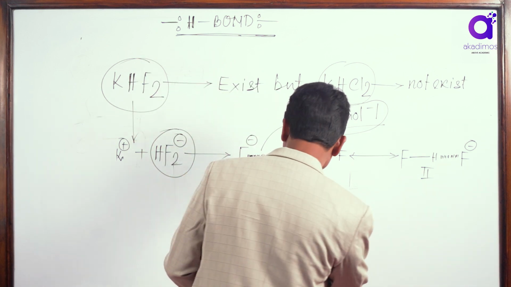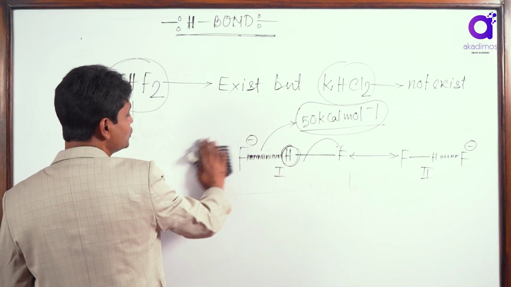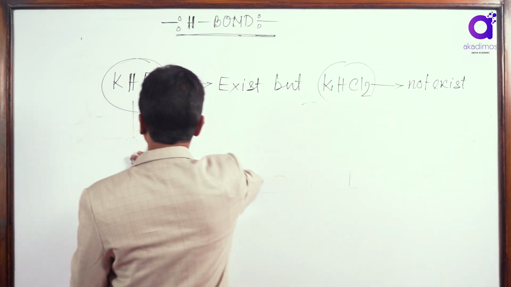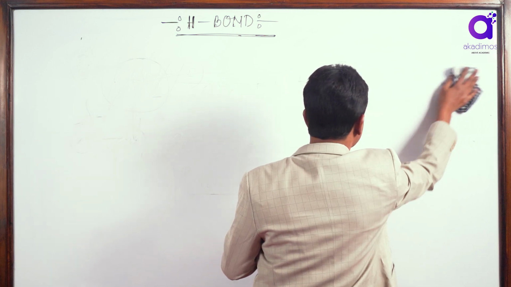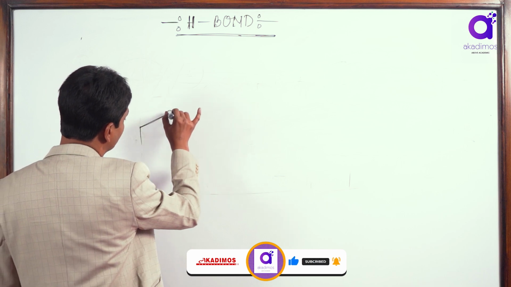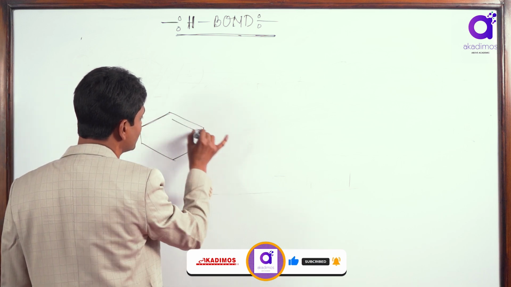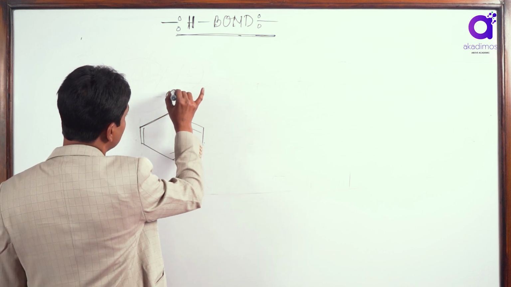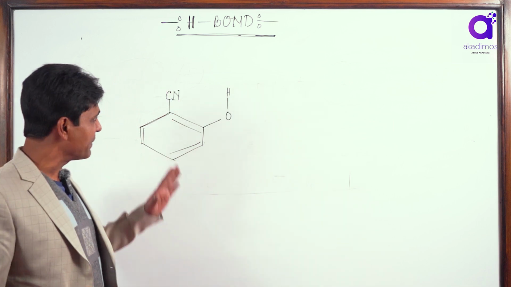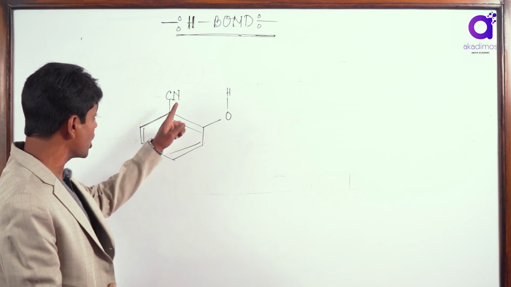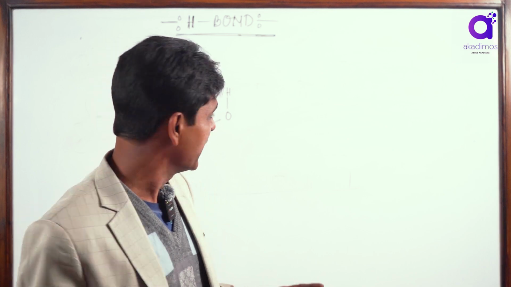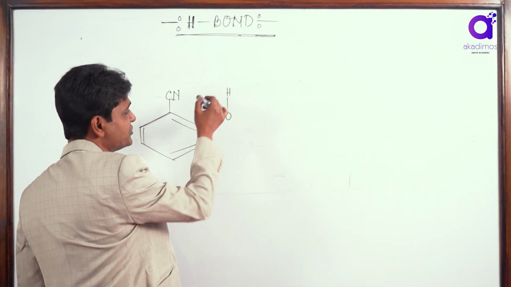Now, the orientation to form an intramolecular hydrogen bond is important. I am going to give an example so you get an idea of how important orientation is. I'll take a simple organic compound: benzonitrile, and ortho-hydroxybenzonitrile. Apparently, you may think intramolecular hydrogen bond may occur. 99% of students would answer that intramolecular hydrogen bond occurs.